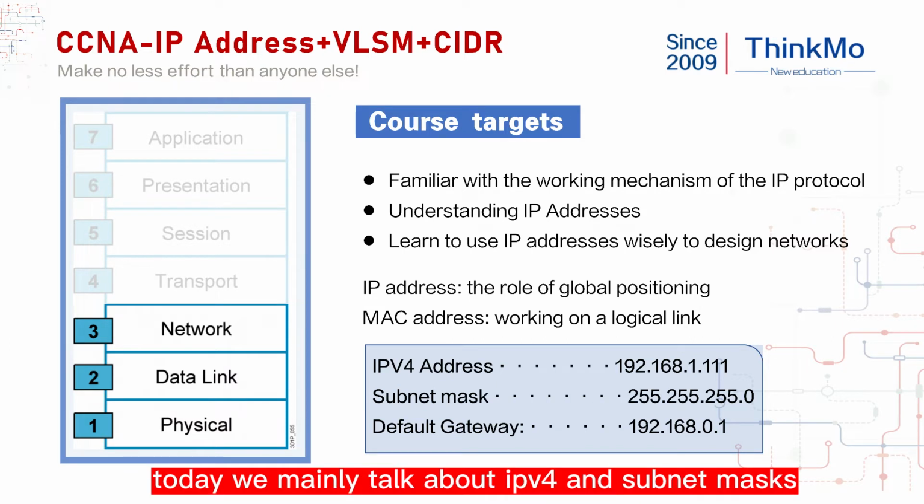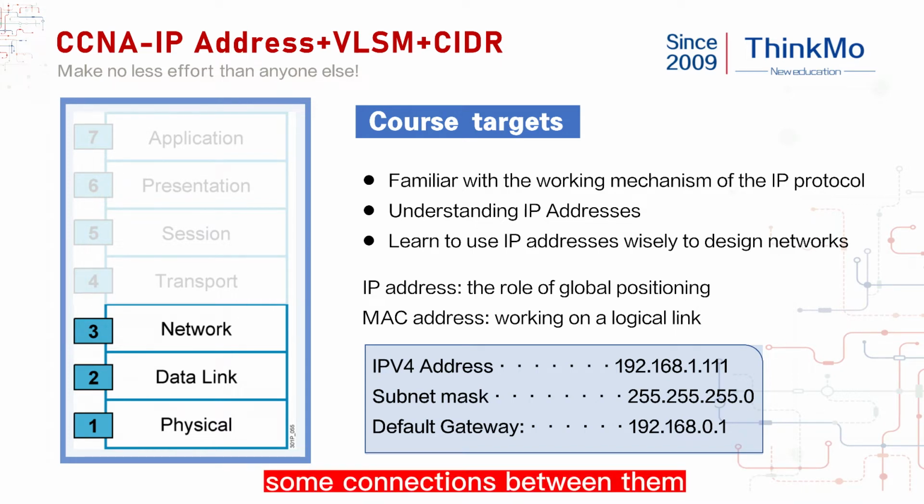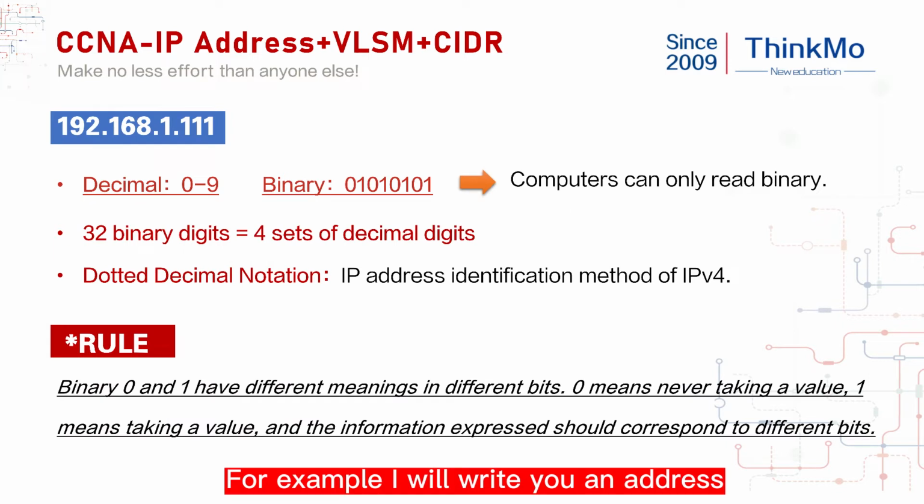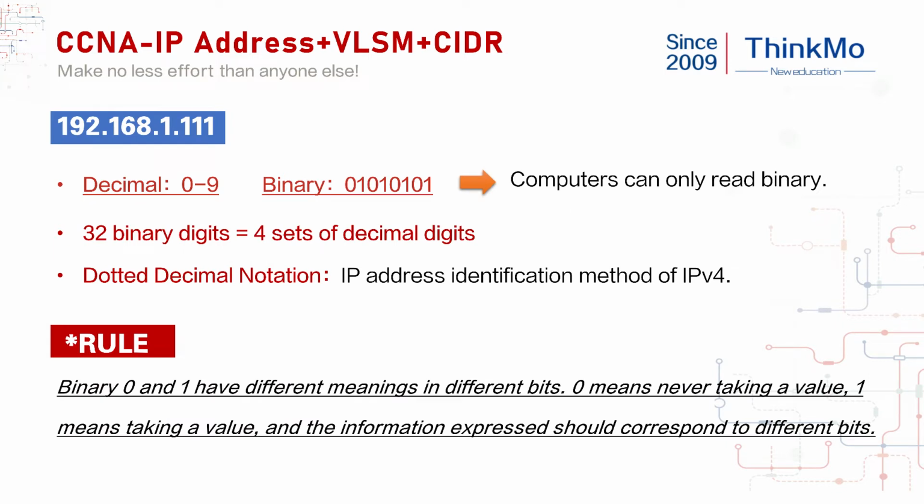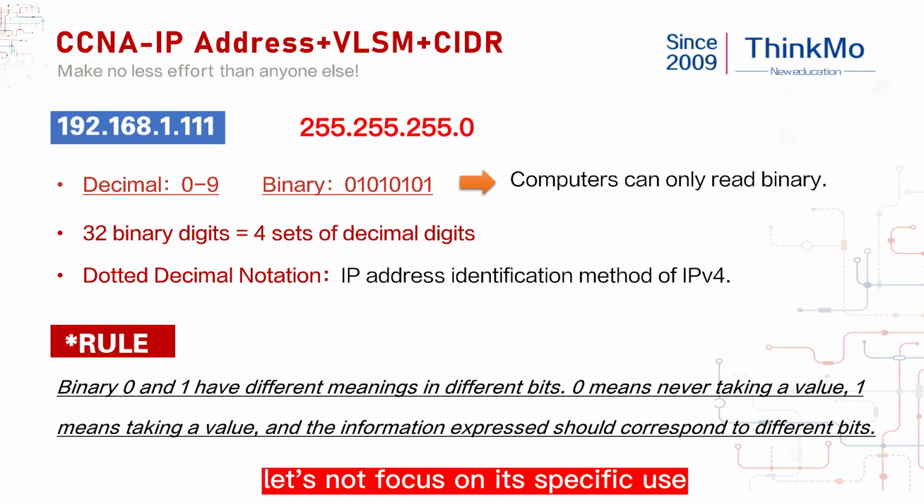Today we mainly talk about IPv4 and subnet masks, and some connections between them. For example, I will write you an address: 192.168.1.111. I also write the mask on it: 255.255.255.0. Let's not focus on its specific use.